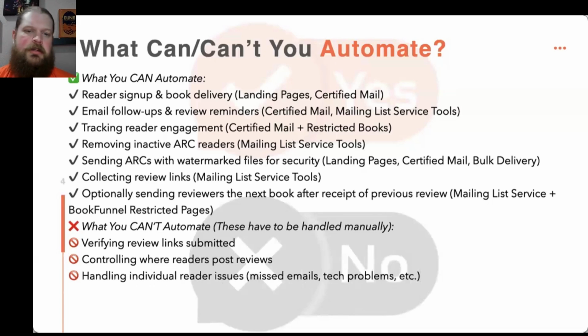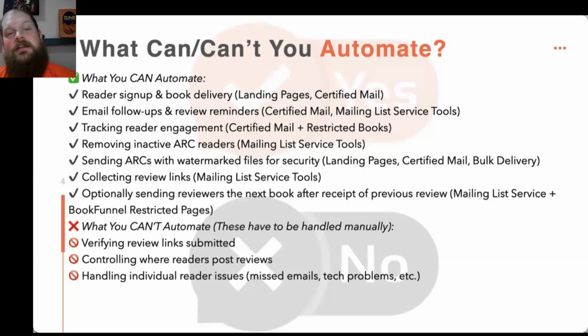Handling individual reader issues, things like missed emails, technical problems. For example, somebody goes to review on Amazon and says, they won't let me leave a review. One of the reasons might be that Amazon requires you to have spent $50 on their site within the last calendar year before you can write reviews for products.